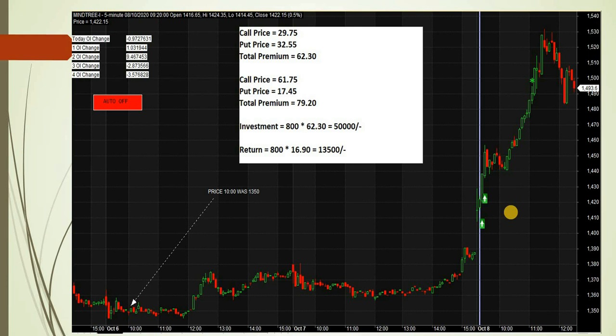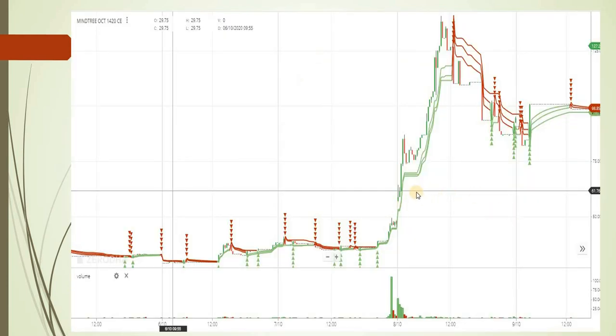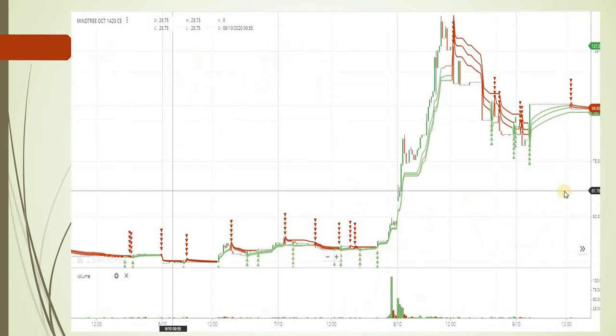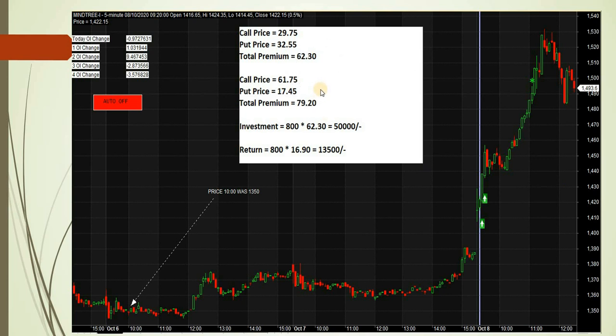On 8th of October, on the second candle, call price was 61.75 and put price was 17.45. We bought a strangle at 62.30 and sold it at 79.20. Lot size was 800, investment was about 50,000. Still it gave a return of 13,500 just because IV did not get crushed.